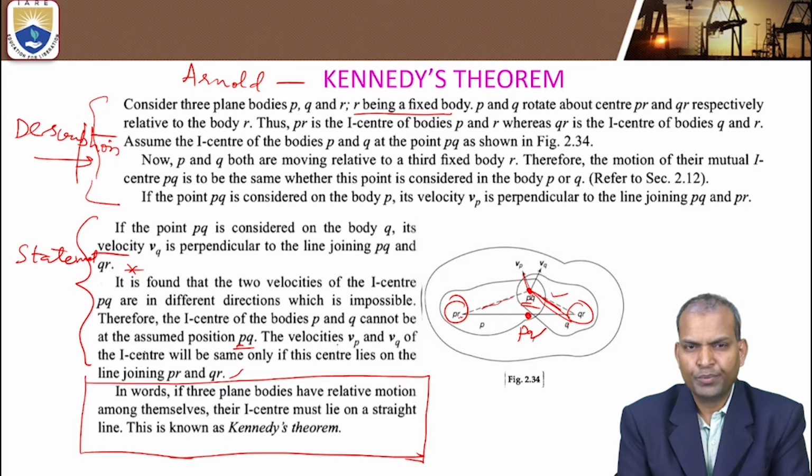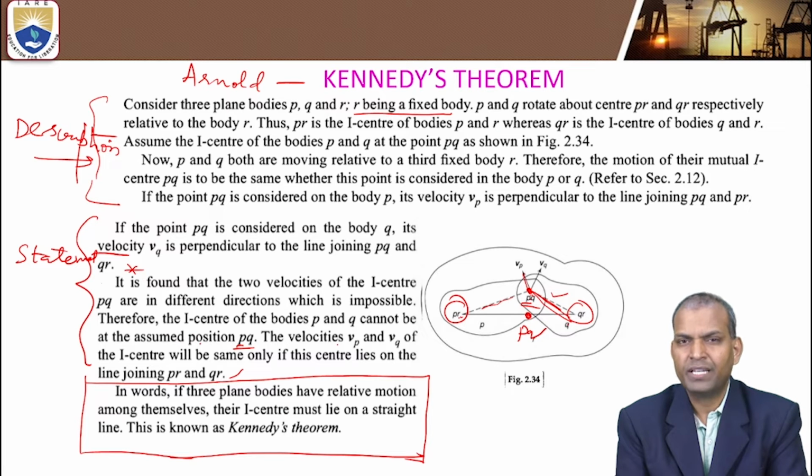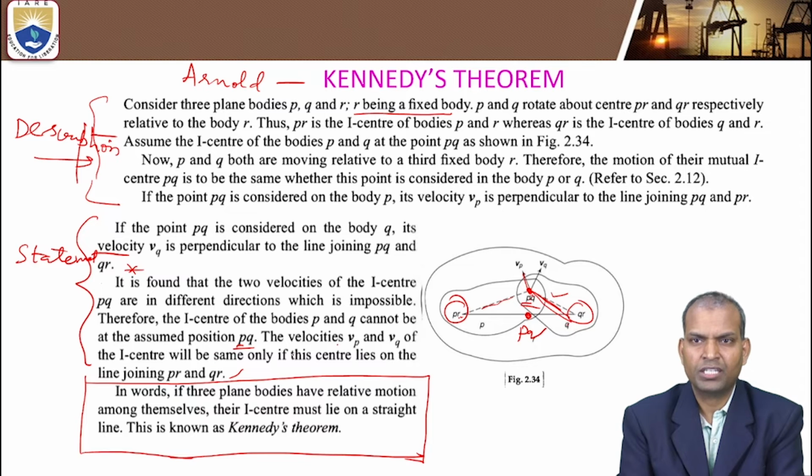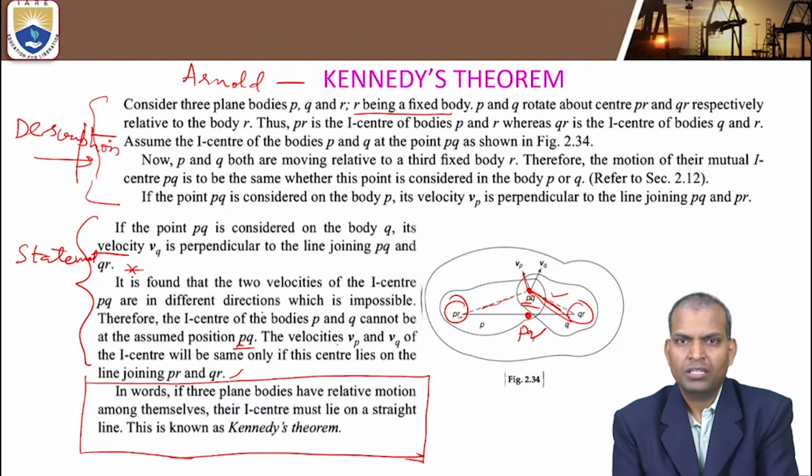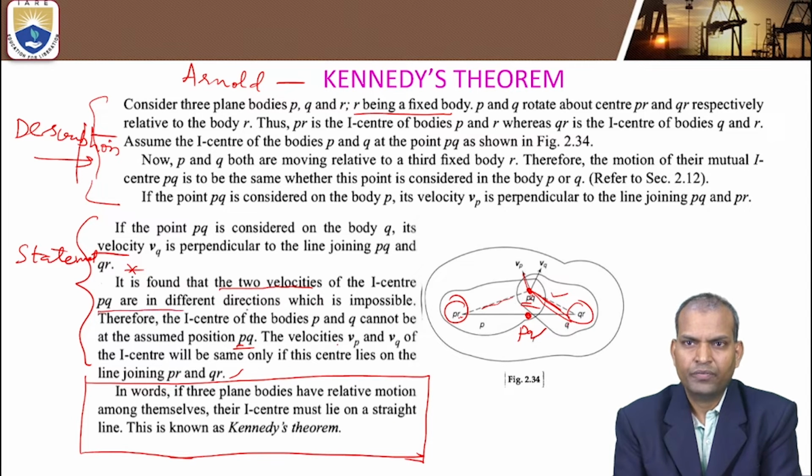Why is it impossible? Having different directions. If it is a common instantaneous center, there will be the same direction, which is impossible here. If it is in a different direction, that's why it is impossible. The two velocities of the instantaneous center PQ are in different directions, which is impossible.